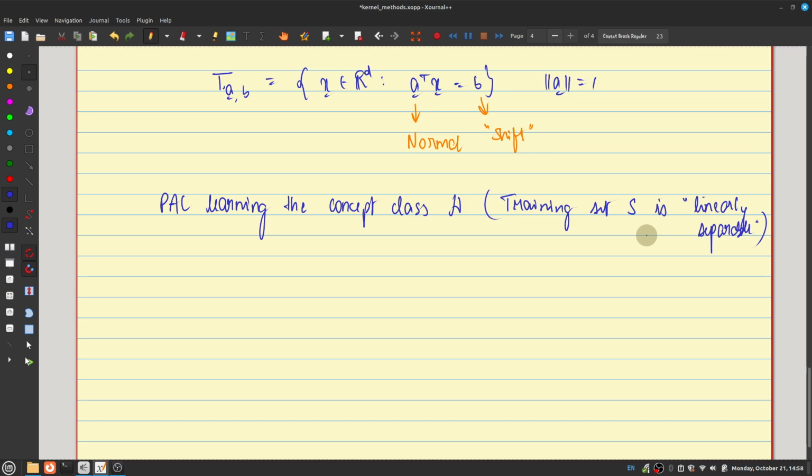Right? Because the labeling was done using some particular hyperplane as the ground truth. So there exists at least one hyperplane that separates all the points that are labeled +1 from all the points that are labeled -1.